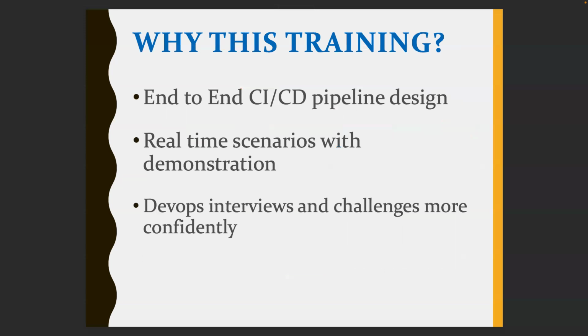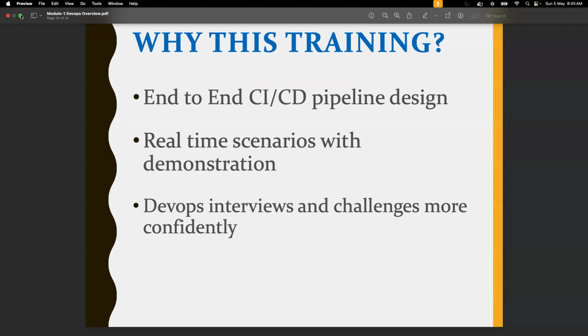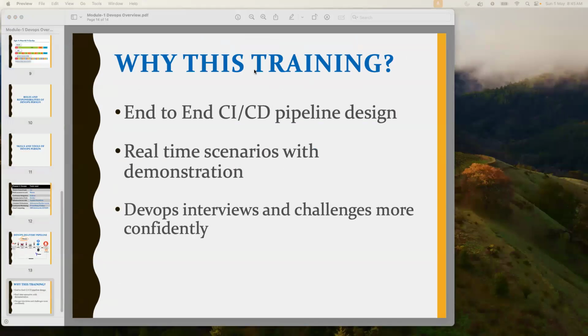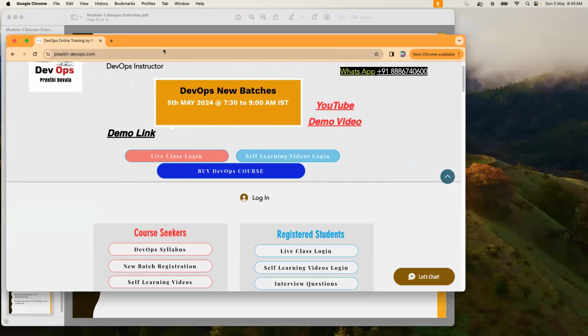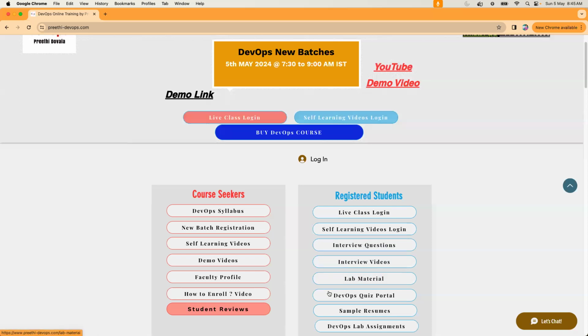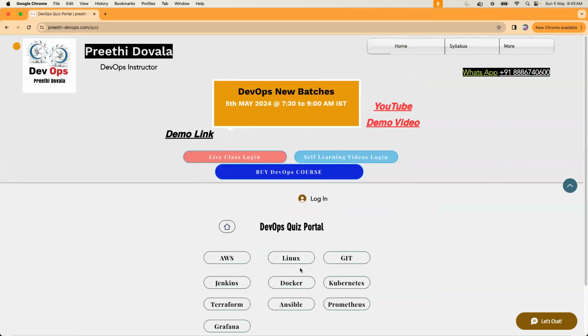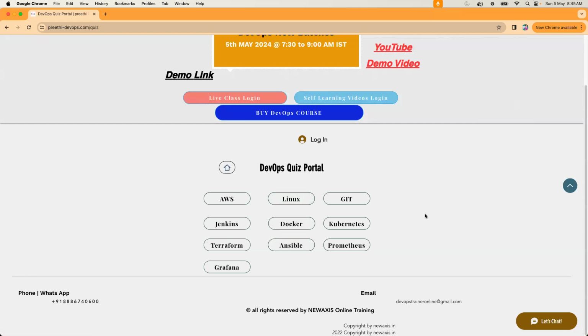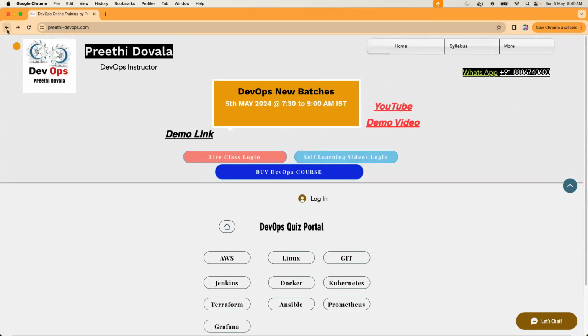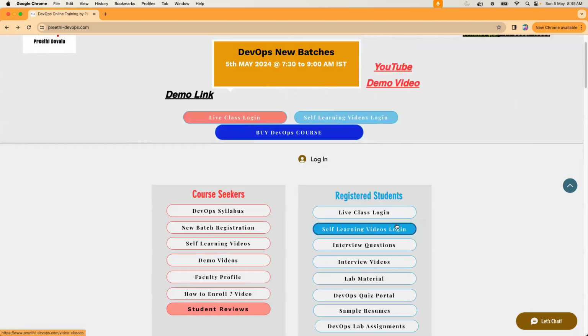About this course, like I have given you an idea, every day there will be hands-on. From tomorrow, hands-on begins. Every day you will have a quiz. In the quiz portal, you have the quiz which you have to cover every day. On every tool, day to day, you have a quiz which you need to go through. Assignments, interview questions, you are equipped with all these details, and complete real scenarios will be covered.